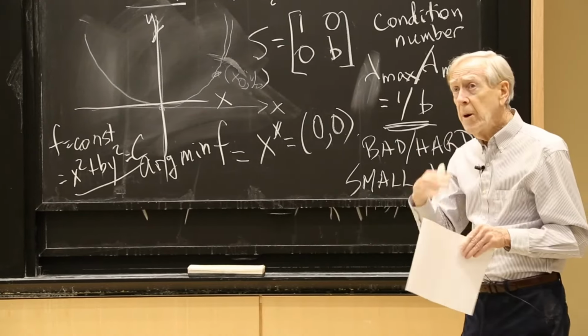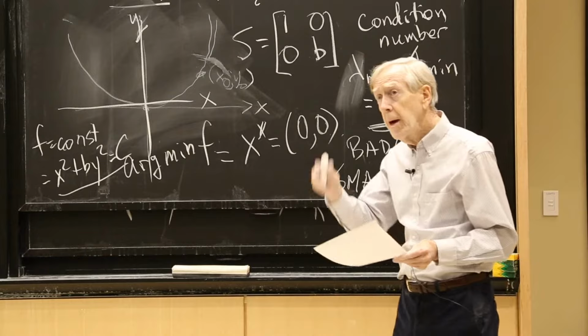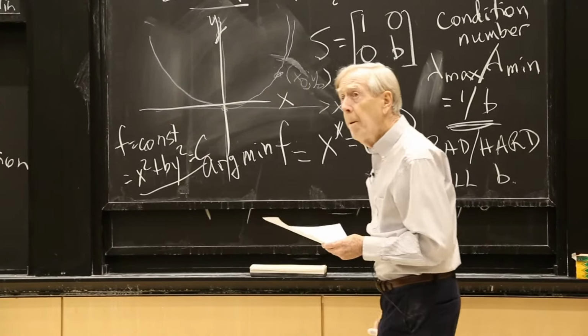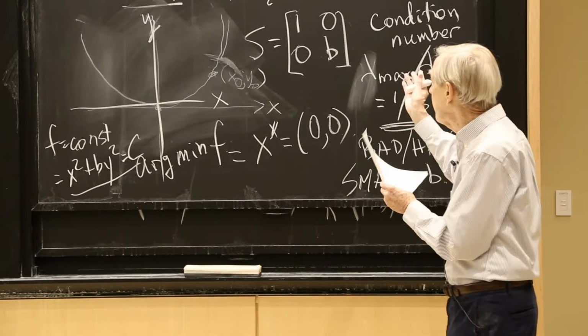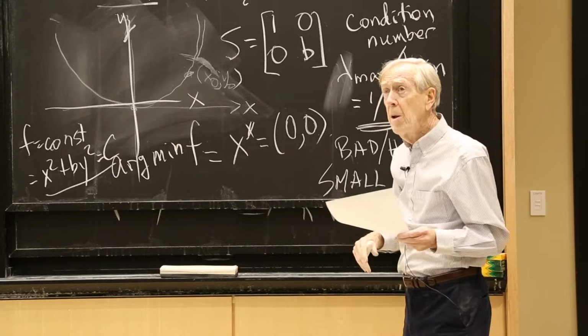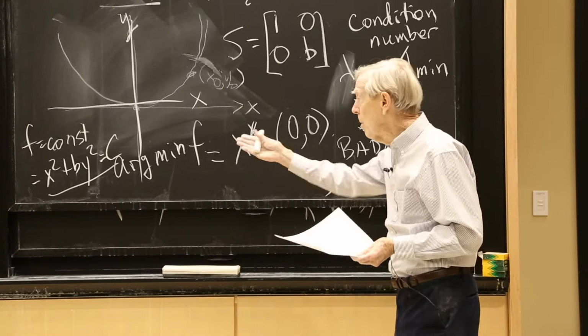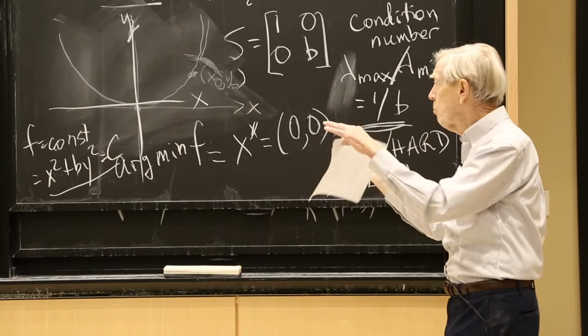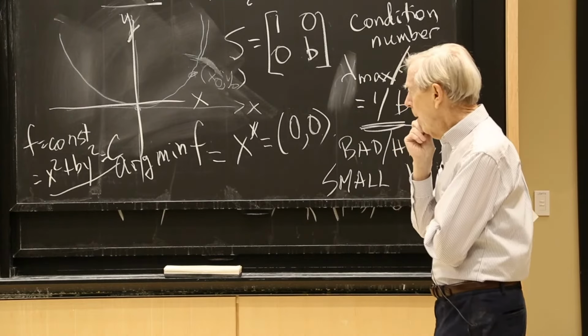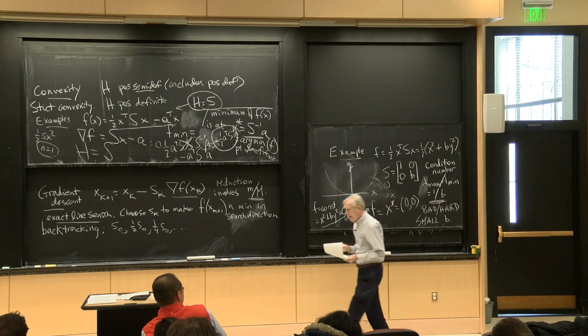The major axes of the ellipse are in the x and y directions because there's no cross term here. We could always have diagonalized our matrix if it wasn't diagonal, and that wouldn't have changed anything. It's just rotating the space, and we've done that.